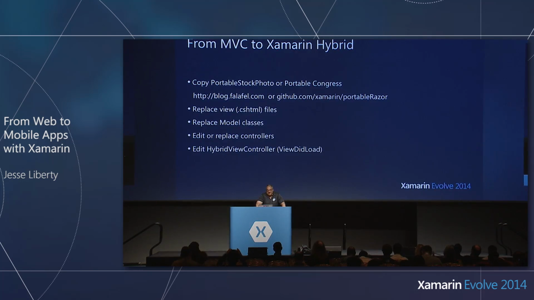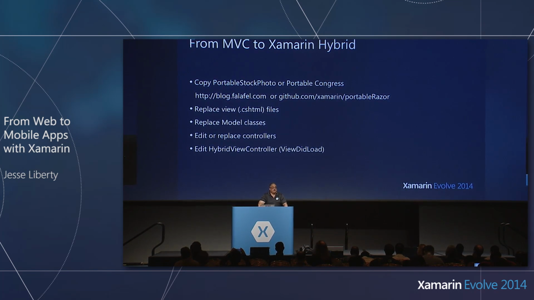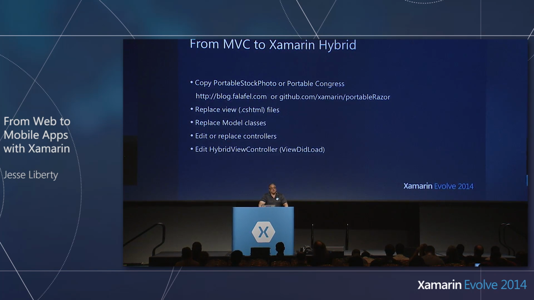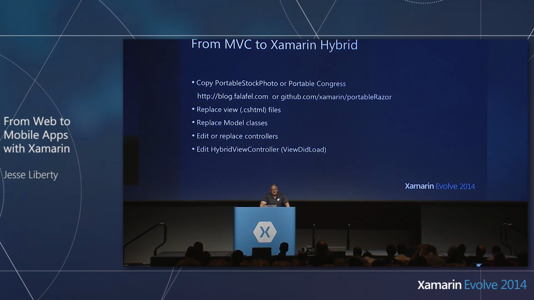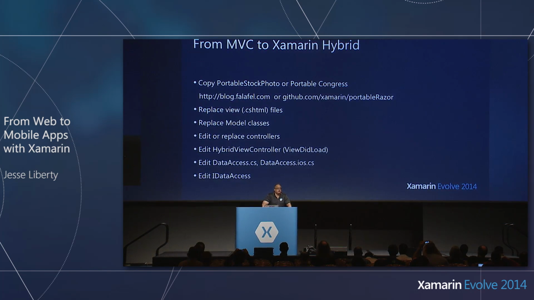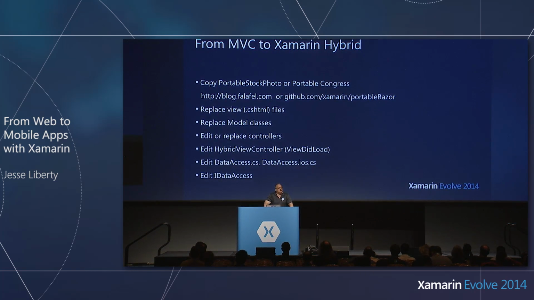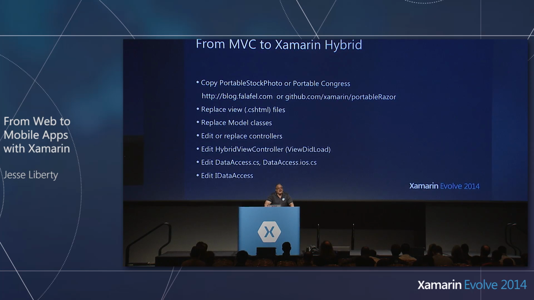Finally, you will want to edit hybrid view controller, which will be there already for you, going into the view did load method and updating that to instantiate and register your controllers. And you will want to update your data access for SQLite, of course. And that's it. Those steps are fairly straightforward and, most important, repeatable.